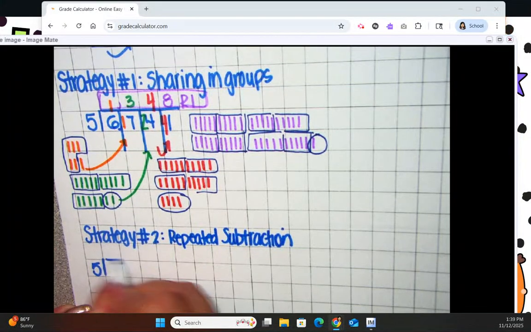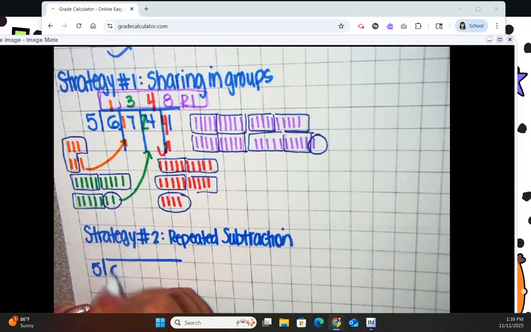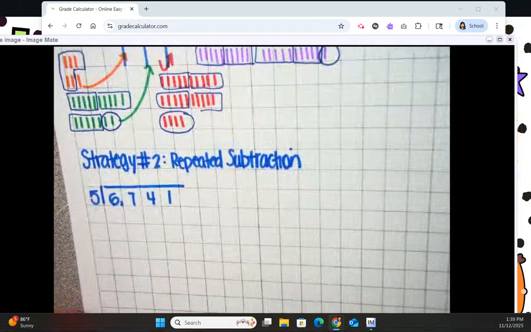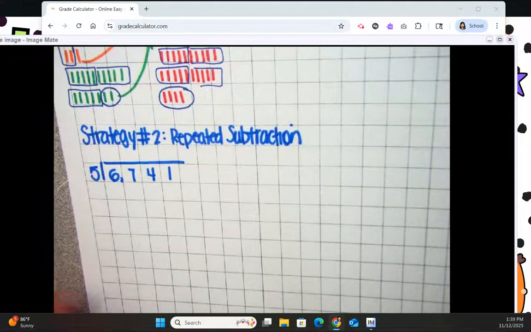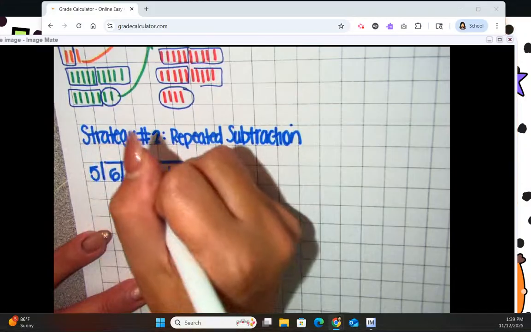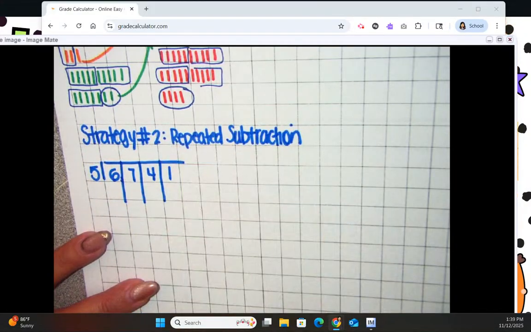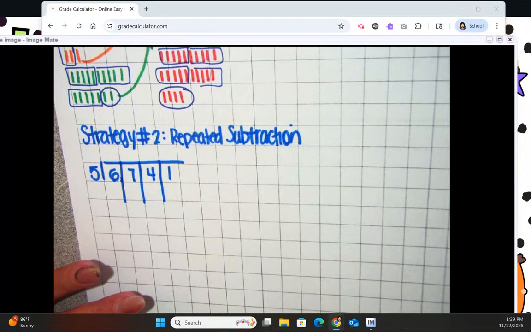So it's the same problem: 6,741 divided by 5. If you run out of space, you're a problem solver and you can flip your paper, or you can get another grid if yours doesn't have a back.